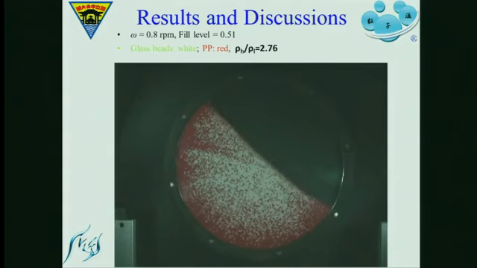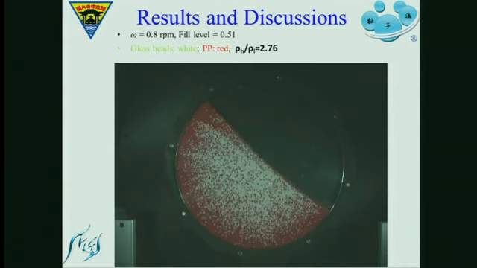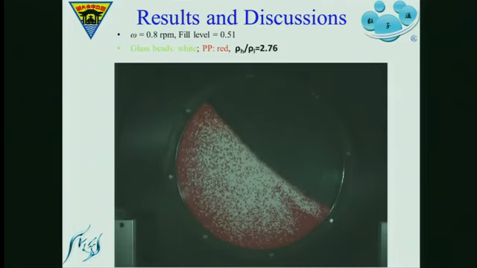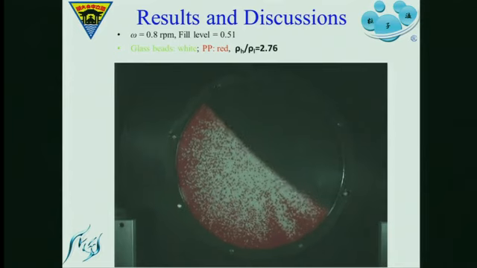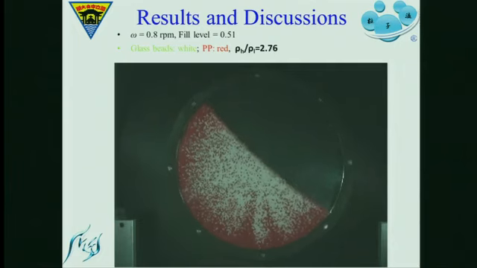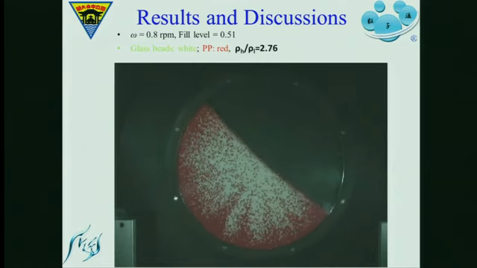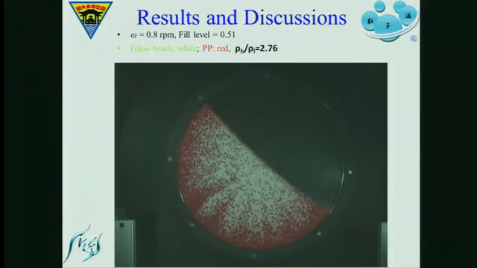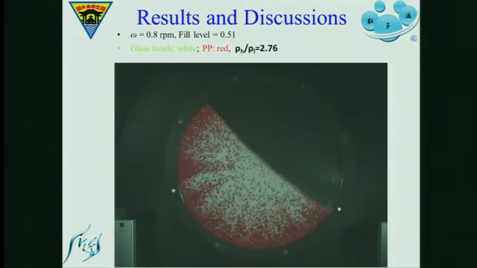And we can see a rough pattern forms, and then the streak becomes clearer and clearer. Usually within about 1 to 2 revolutions, in this case, the streak forms. But in some cases, it may take 5 or 10 revolutions.